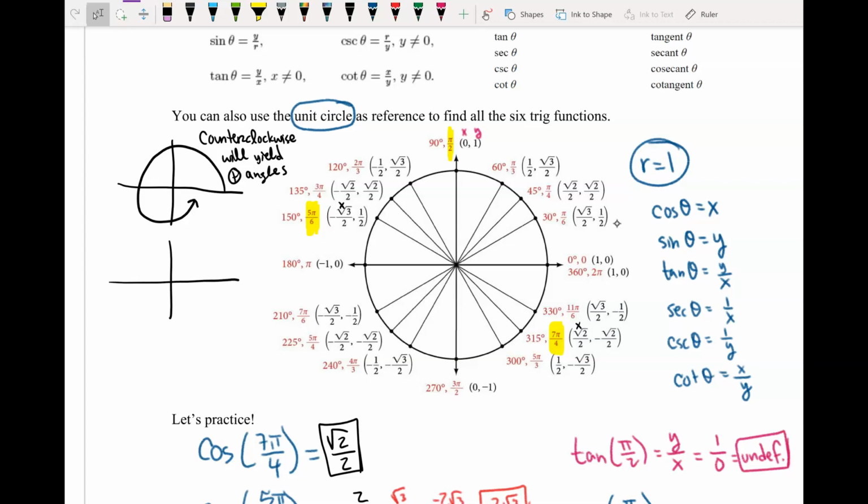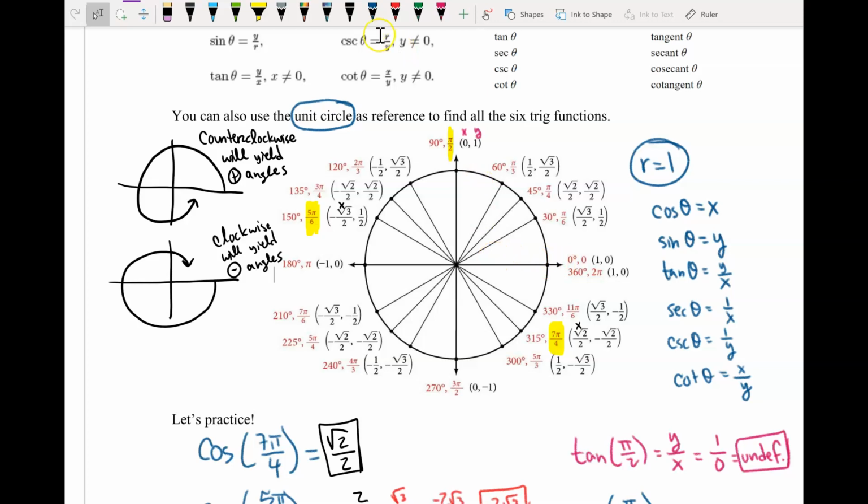And then if you have clockwise, so starting from the starting position going this way, so clockwise will yield negative angles. So you kind of have to count backwards.